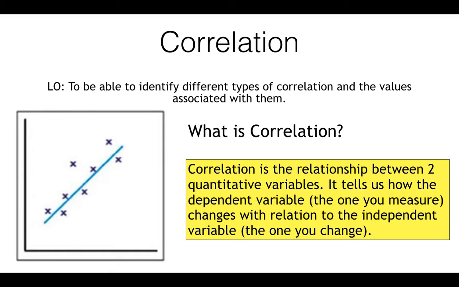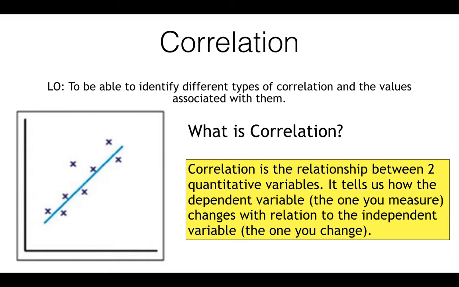We need to have quantitative data. For the most part, it tends to be continuous quantitative data rather than discrete. Continuous, remember, are things like heights or weights, something where you could get a value of any number. Discrete is more like shoe sizes, where you're going to get certain numbers, okay?